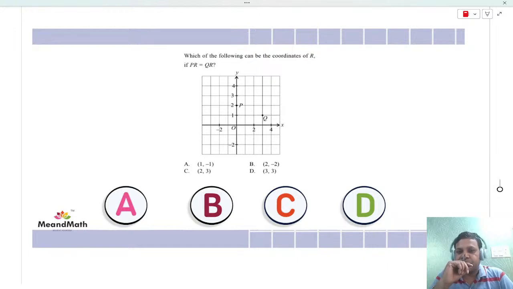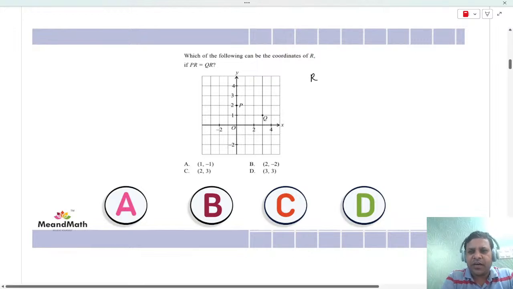Okay, now how do we solve it? Let's suppose R is x comma y, a coordinate x comma y.